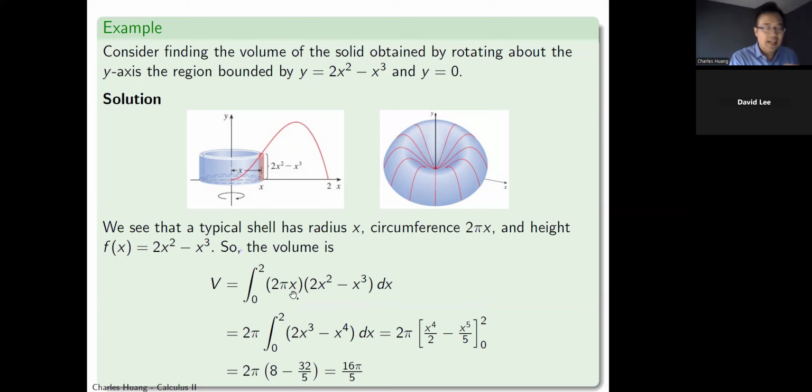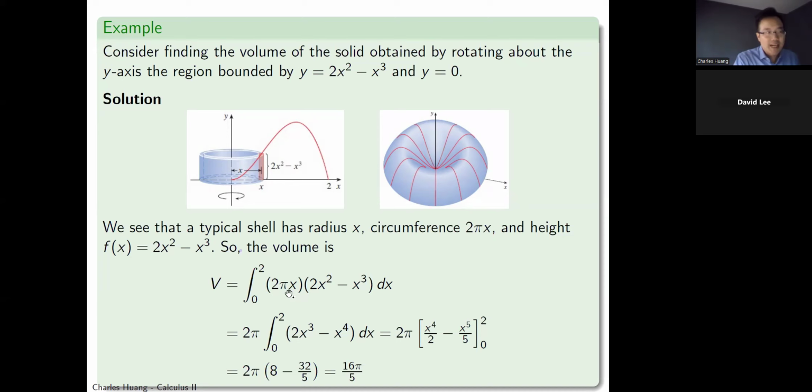We can leave it like that, and that's not an issue because we're going to do these cylinders going from 0 up to 2. We're going to cut it in the x direction, so we can just leave the x as it is. We don't have to convert the x to y. That's the benefit of this part. We know how to put x in, and that's great because I don't want to solve for y. I can't write x in terms of y.